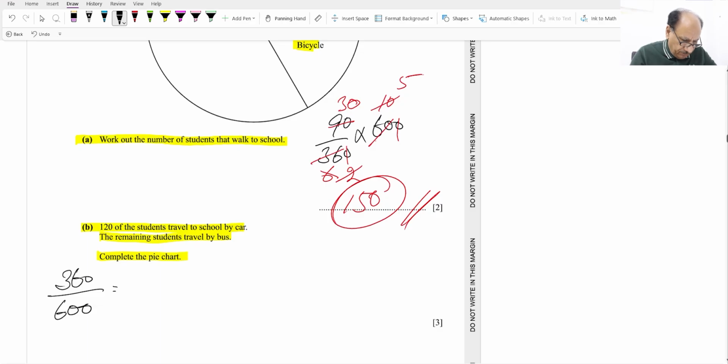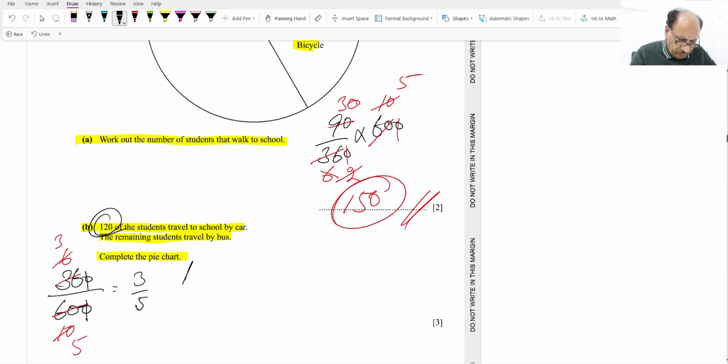So if we simplify this one, we can cancel with this also, 6 sixes are 36 and 6 tens are, and 2 threes are, and 2 fives are. So it will be 3 by 5. So 3 by 5 will be this simplification, and 120 students.